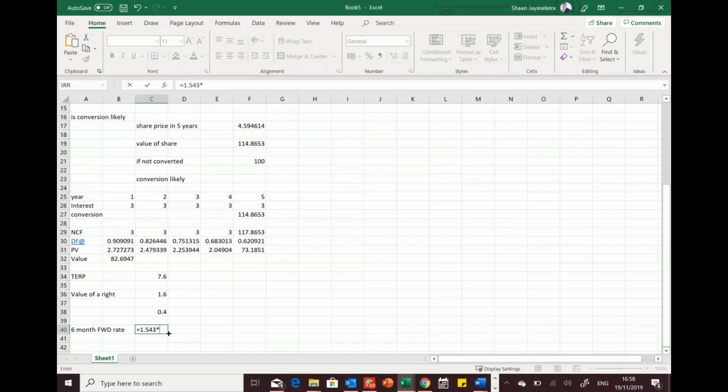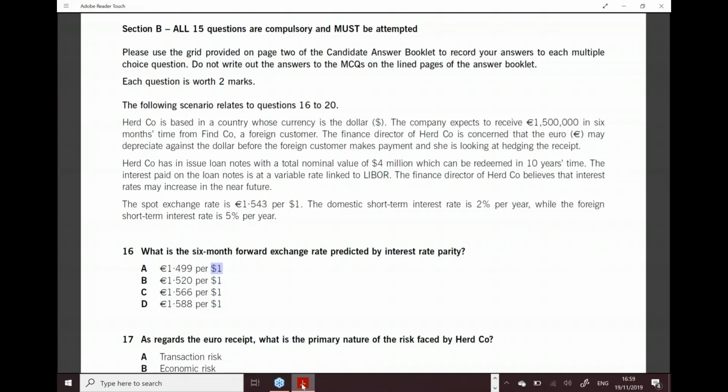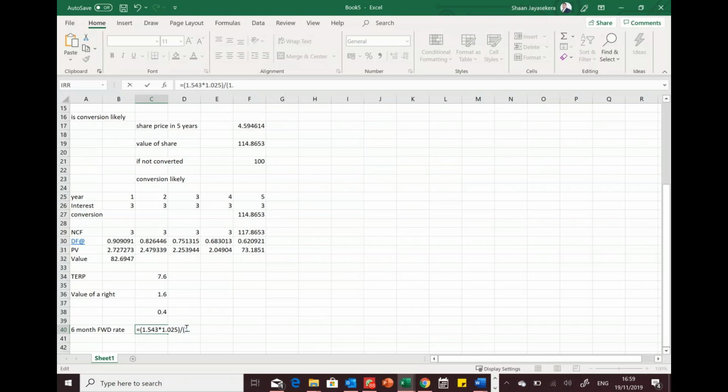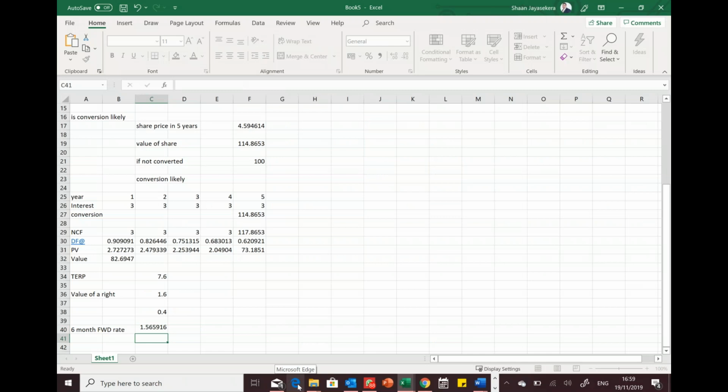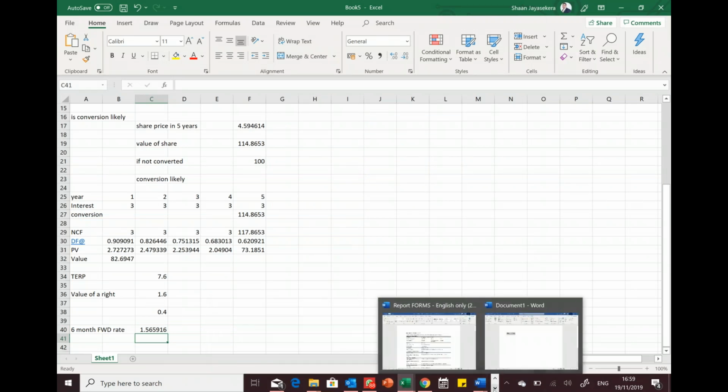Yeah. This entire thing, I will divide it by the return of the dollar, which is 1.01, because if you see it, it's actually 2% per year. So this should be my answer, which gives me 1.01.5.6 approximately. Answer C.